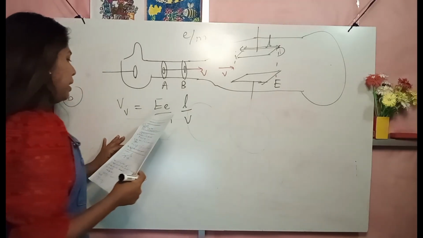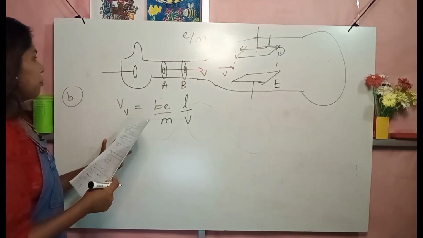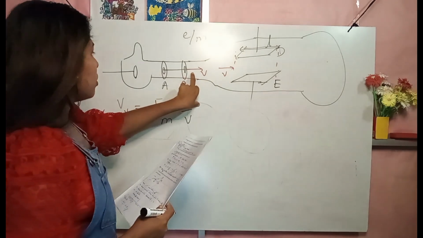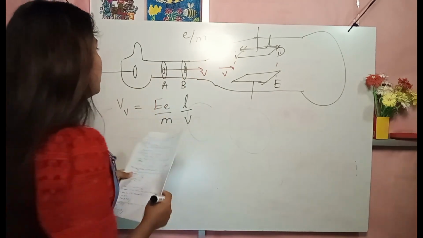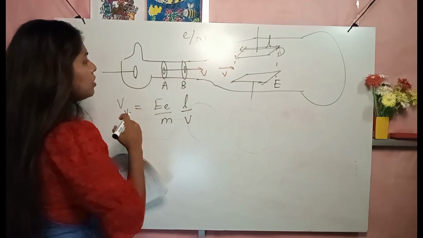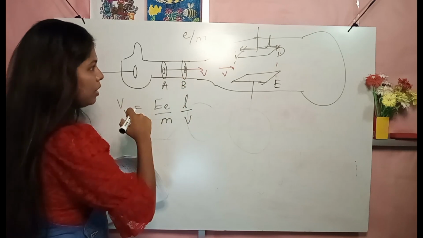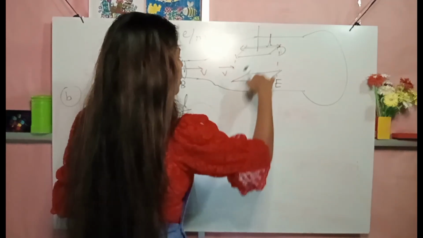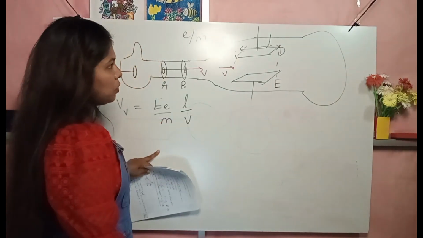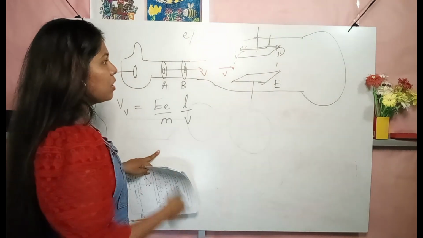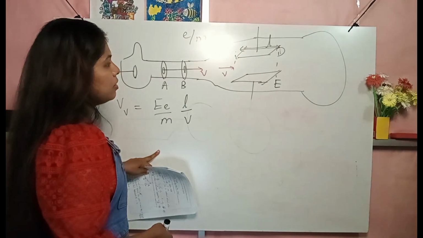Okay, in part B, they are asking that the horizontal component of the velocity when the charges are leaving the plate B is V, and we are going to apply a voltage between the D and E plates, so automatically an electric field is created there.